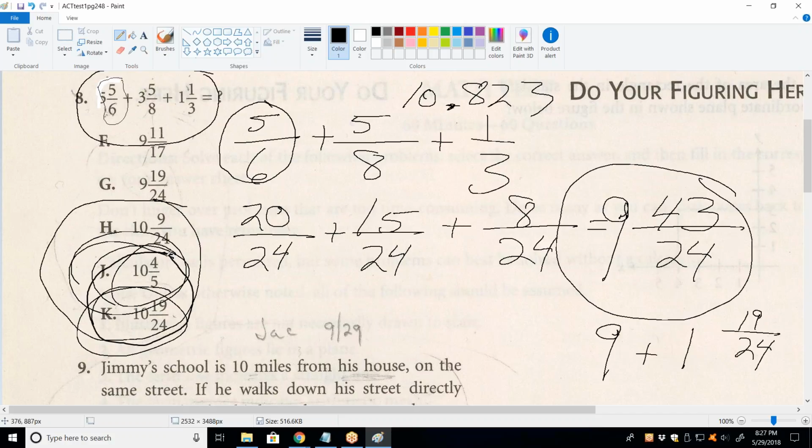Now you know that it's either that one or that one, and in your calculator do 19 divided by 24 and see what decimal you get. So you could do it that way. In other words, if you use your calculator to do this problem, you're going to have to do a little bit of back solving at the same time, because you're going to get a decimal like that, and you're going to have to figure out which of these answers is that decimal.